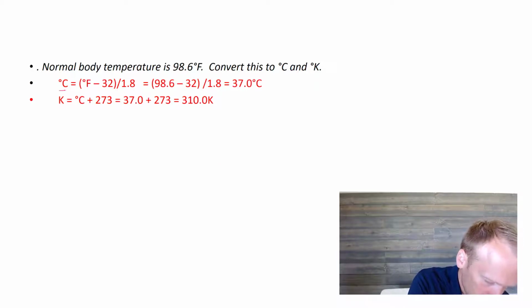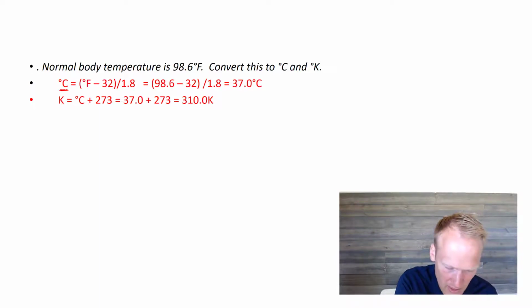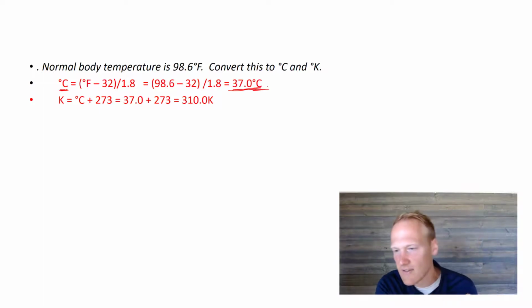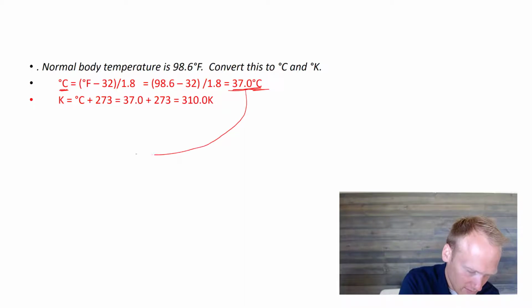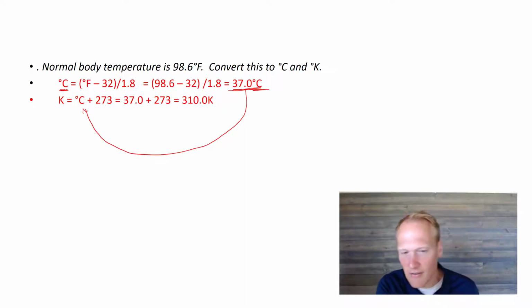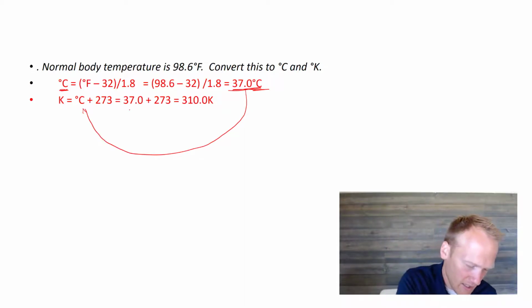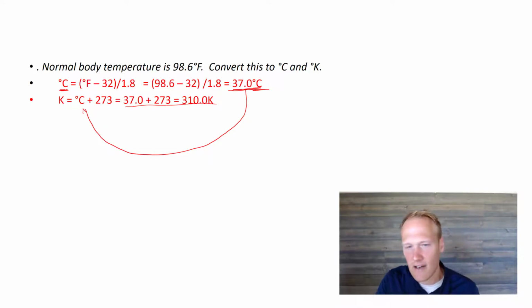So the first one we do is look for the Celsius equation that has Fahrenheit included. We're going to put in our 98.6, subtract 32, divide by 1.8, and we get 37 degrees Celsius. We could then take that 37, put it into our Kelvin equation, and that would give us 310 Kelvin.